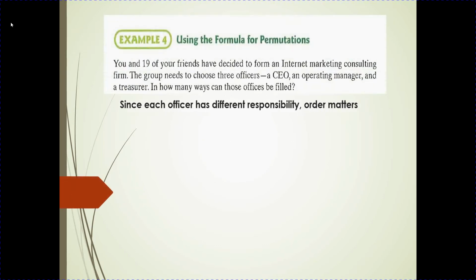Now let's go to example 4. Using the formula for permutation, you and 19 of your friends have decided to form an internet marketing consulting firm. So here the total number of people is 20 because 19 plus 1, which includes you, makes 20 people.